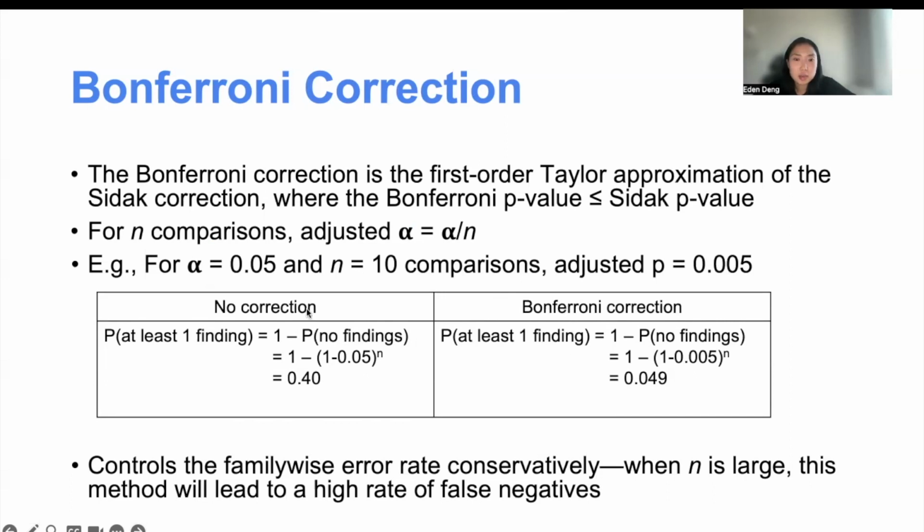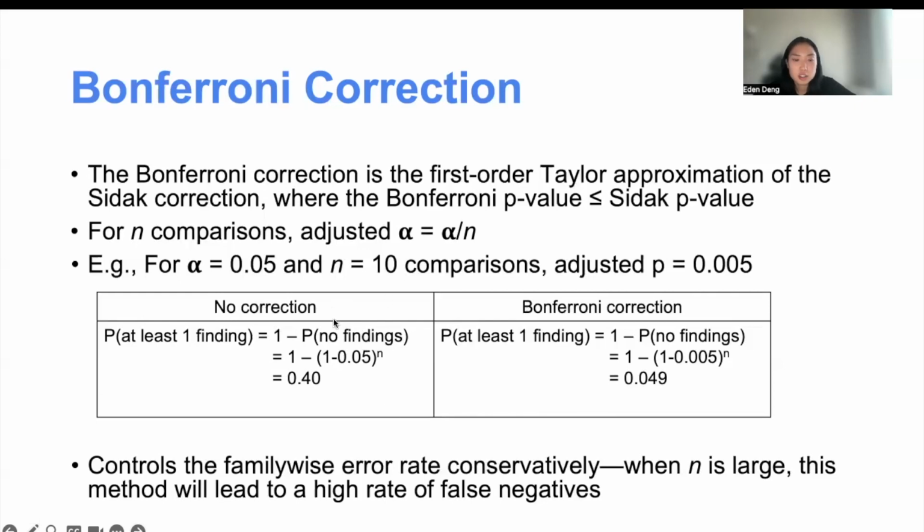And so in this table here, I'm calculating the probability of committing a family-wise error. So this is just the probability that we have at least one finding under the null hypothesis, so one false positive. And that is equal to 1 minus the probability that we always fail to reject the null, which for n independent tests is equal to 1 minus the alpha raised to the n power.